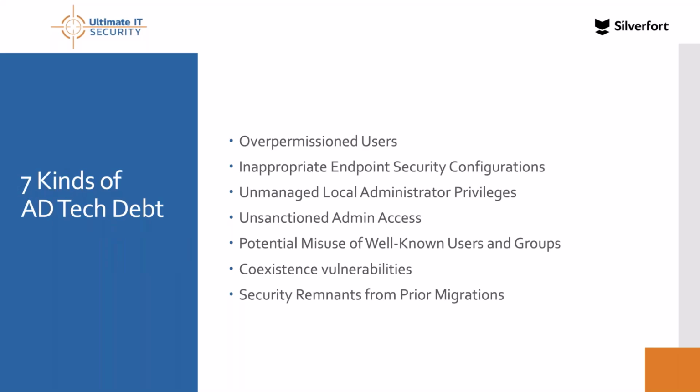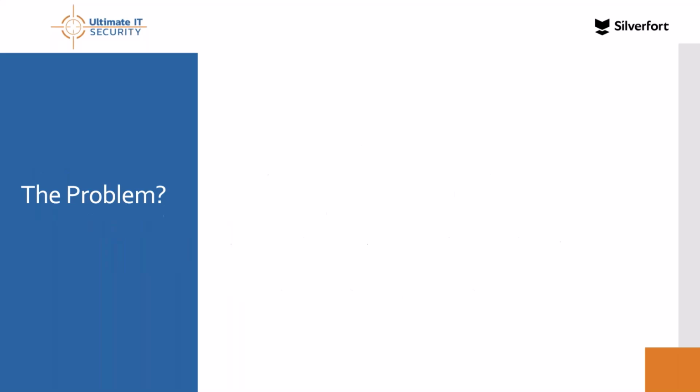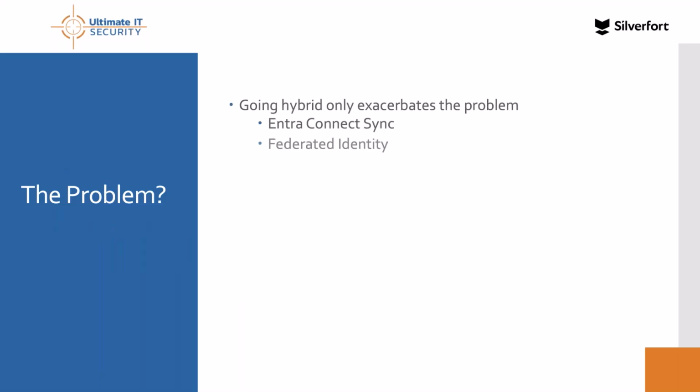Yeah, I'd agree here. So let's kind of talk about moving forward for all you that are listening. I think we've covered those. The problem here, of course, is if you're going hybrid, and I'm assuming you've already gone hybrid at this point. Everybody has, but if you're going hybrid, doing so in general, whether you've done it already or you're planning on it, it's going to exacerbate the problem. You think about whether using Azure AD Sync or now, of course, Entra Connect Sync. You have a federated identity of some kind where it supports Active Directory as an identity store and so on.